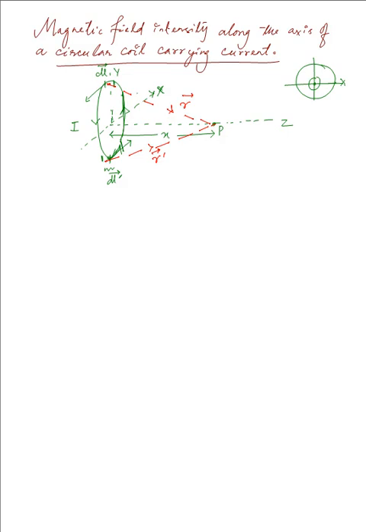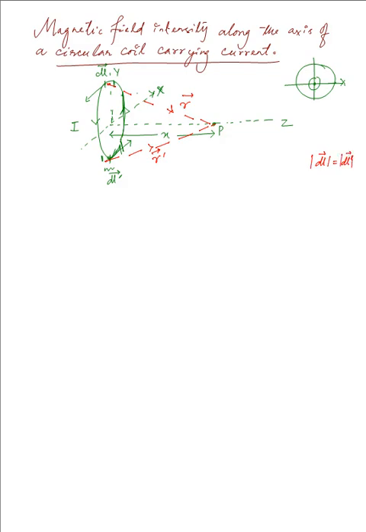Now if we were to apply the Biot-Savart's law, we will be obtaining dB and dB prime due to both those diametrically opposite elements. And as far as the value goes, dl and dl dash are obviously very small and nearly equal in magnitude, of course.